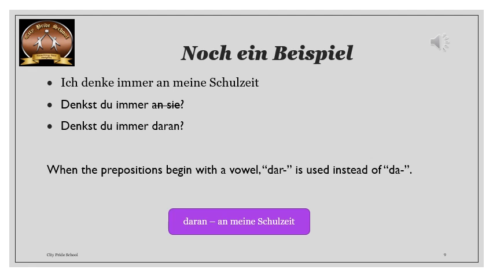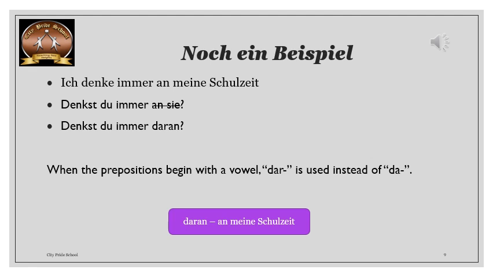So the pronoun will be daran. So daran is representing the phrase an meine Schulzeit. I hope this is clear. Similar like wo, similar like question. If the preposition is starting with vowel, you have to put extra R between the da and the preposition.